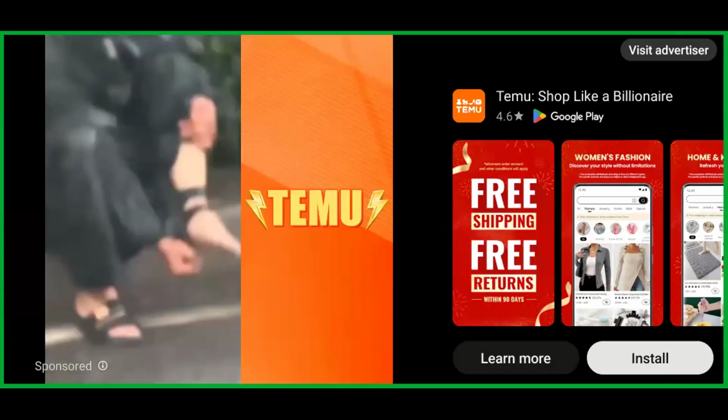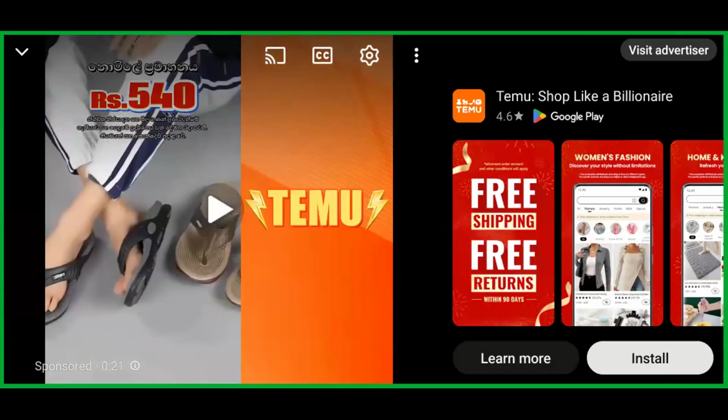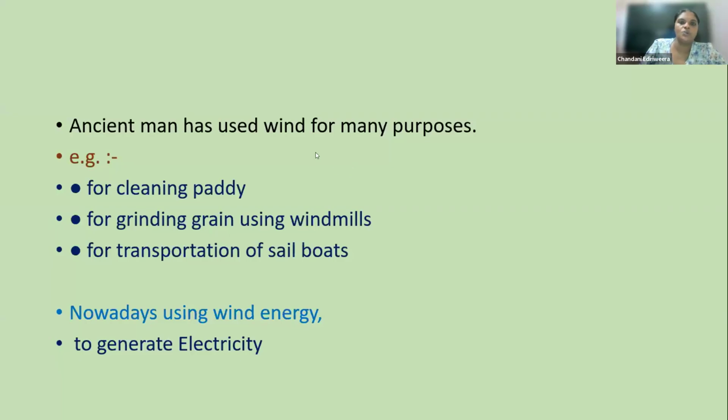Madam, after the wind power part, we didn't write anything, no? Yeah, write the remaining things. Copy this one. Ancient man has used the wind for many purposes.